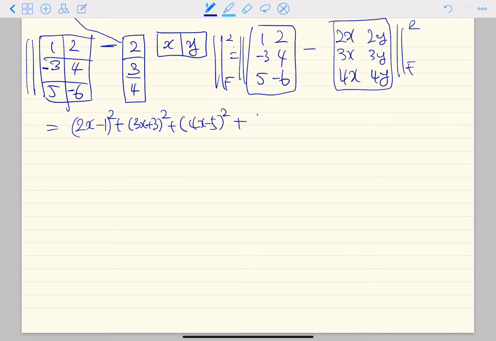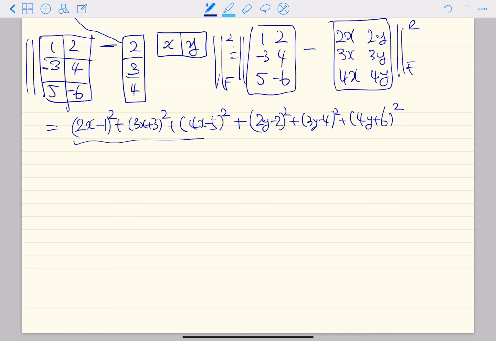That is the part involving x. And the latter part corresponding to the second column is 2y minus 2 squared, 3y minus 4 squared, right?